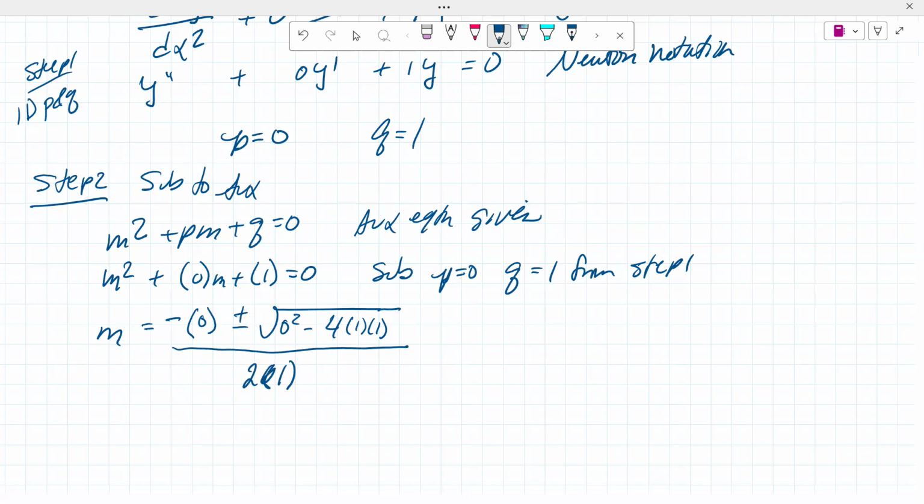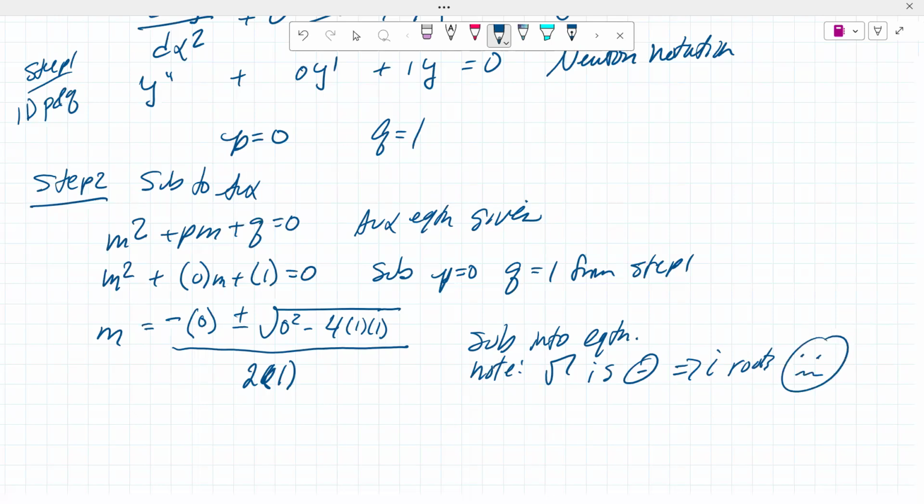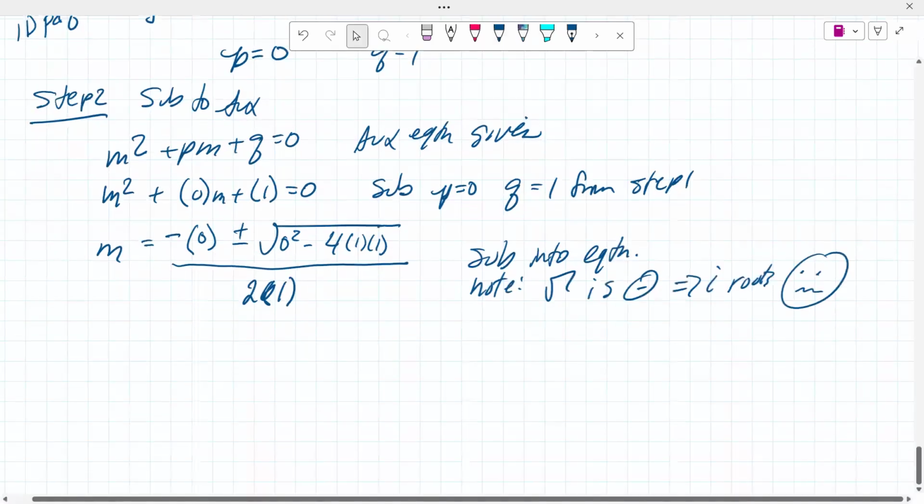All right, so what about that? Discriminant is negative. All right, we need to make sure of that.